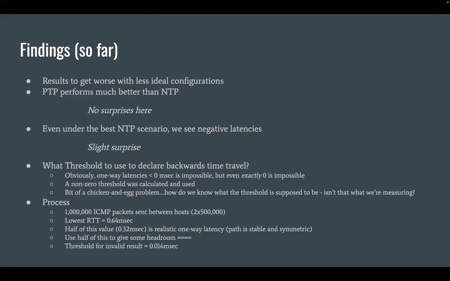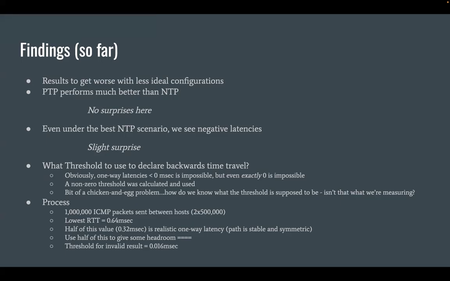So what I did was I sent 1,000,000 ICMP packets between the hosts, 500,000 originating from each host with ping. Out of 1,000,000, the absolute single lowest value I got was 0.4 milliseconds. And that was exactly 1 frame out of 1,000,000. That is realistic given the fiber lengths and the networking elements the traffic was passing through.